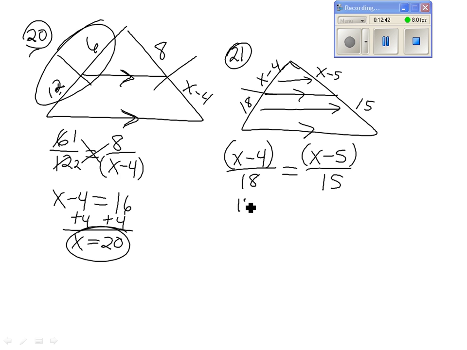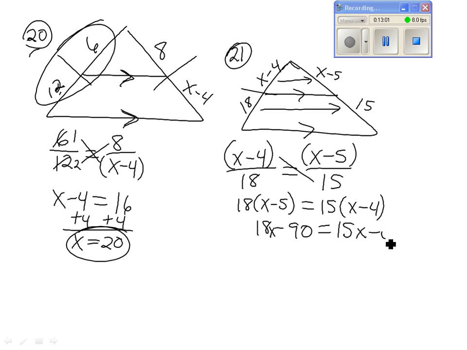We cross multiply. We get 18 times x minus 5 equals 15 times x minus 4. This is 18x minus 90 equals 15x minus 60. Subtract 15x on both sides.